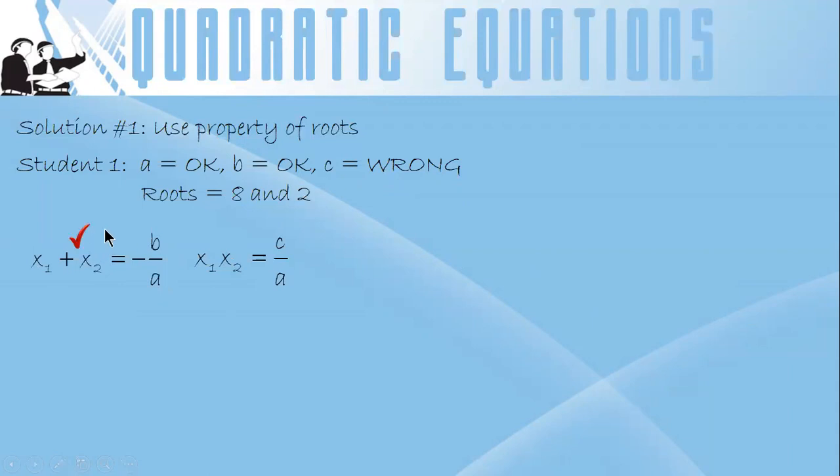So we can use this one, but not this one. Since we have roots 8 and 2, put them here. We have this, 8 plus 2. And we can solve for B. B is equal to negative 10A, after we multiply by A.